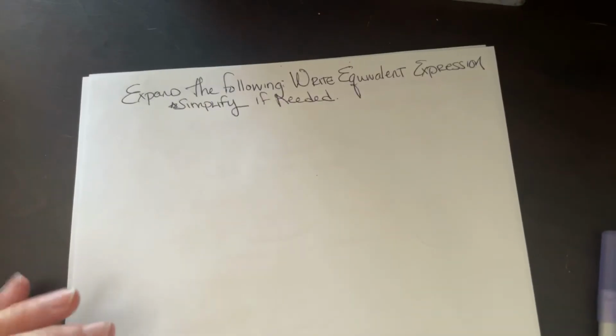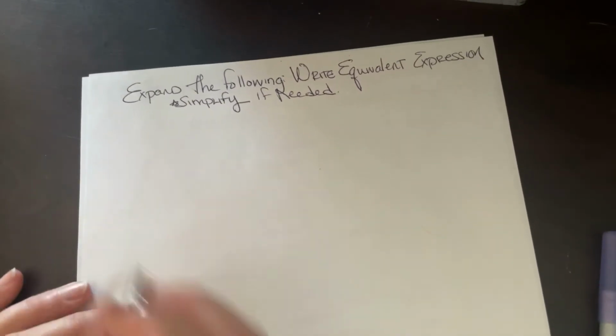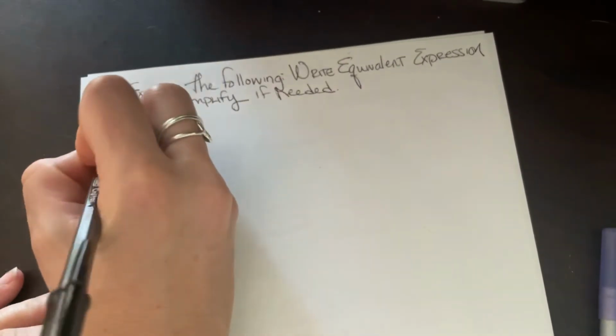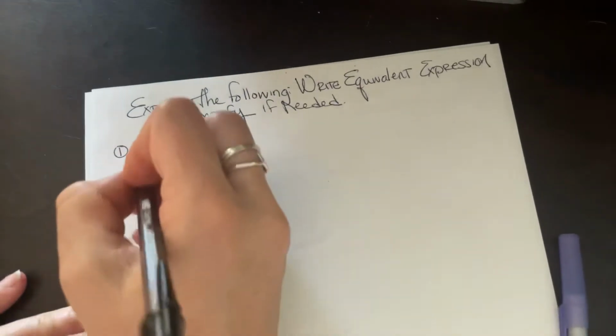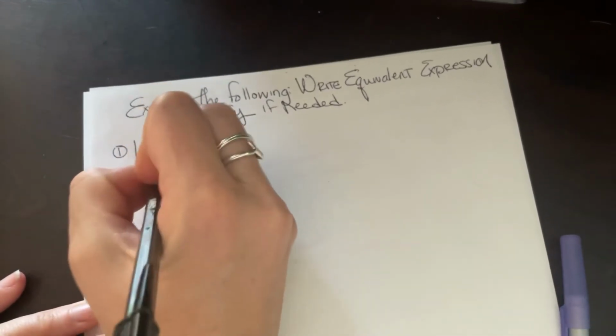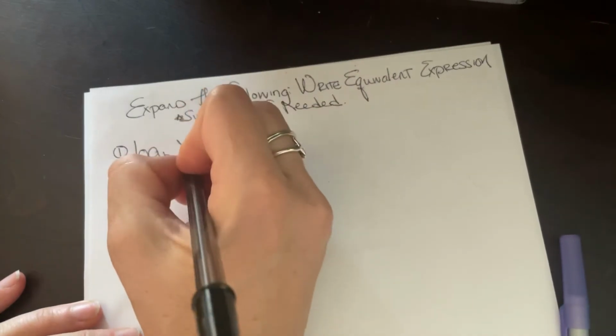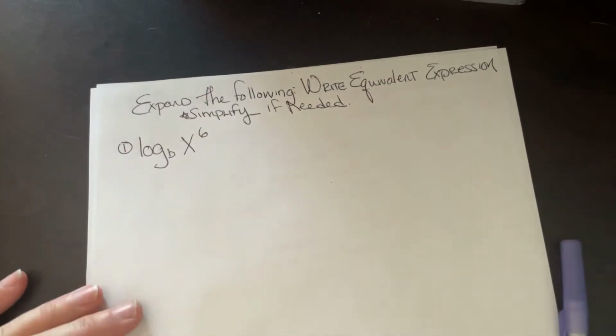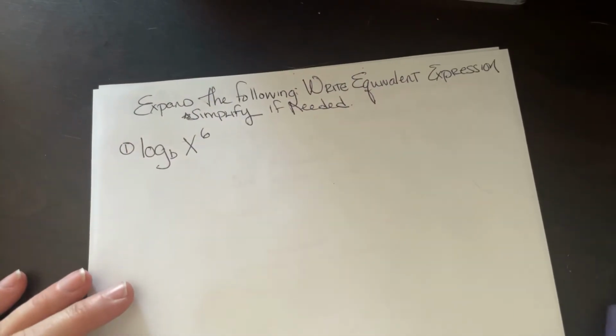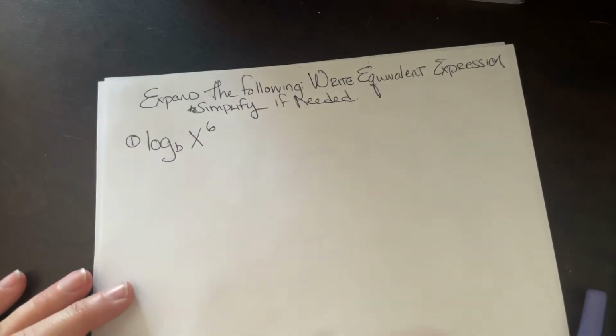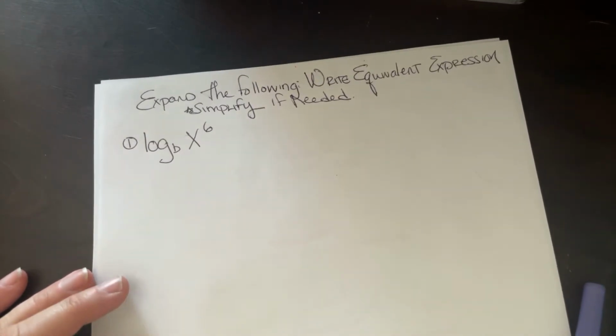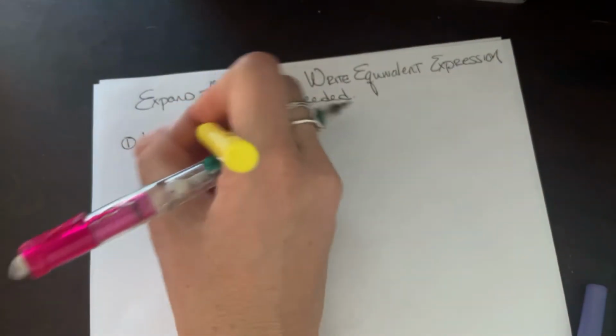All right, so let's just do a bunch of examples to show you how this works. So first problem, if I write log base b x to the 6. Okay, I want us to expand. So for this one, all you're working with is that.